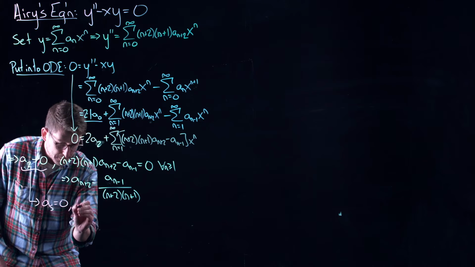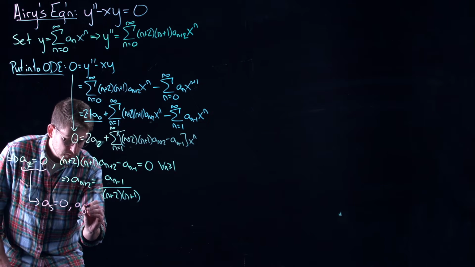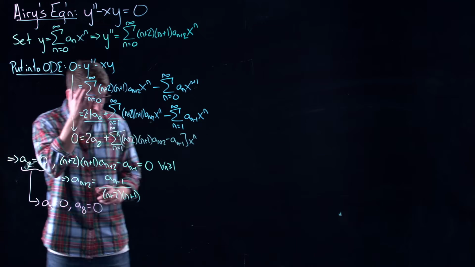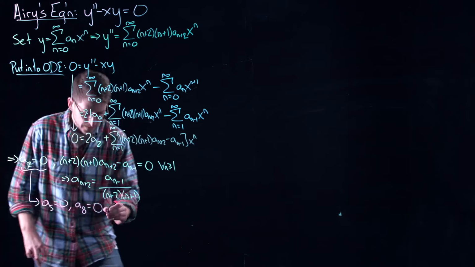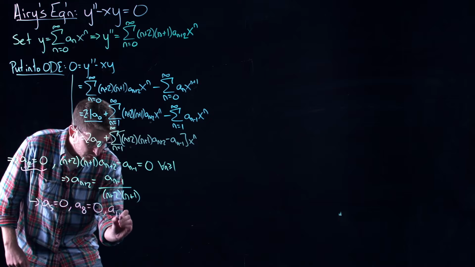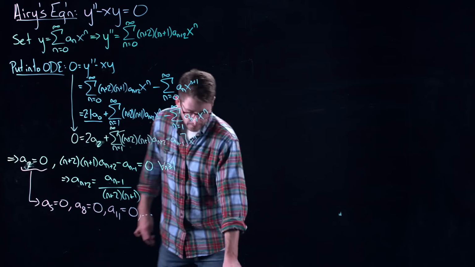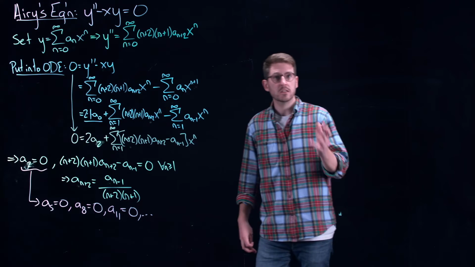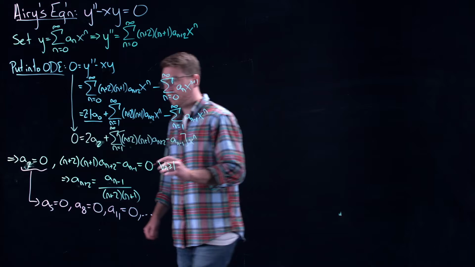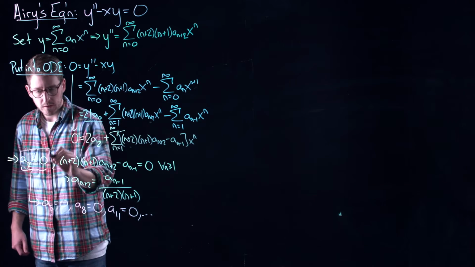But if I go 3 steps forward again, A8 has to be equal to 0 from A5 equal to 0. Similarly, A11 is equal to 0, and so on and so forth. Every third A value is equal to 0. And that comes from exactly this piece right here.